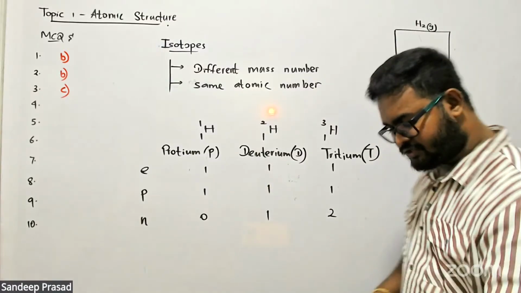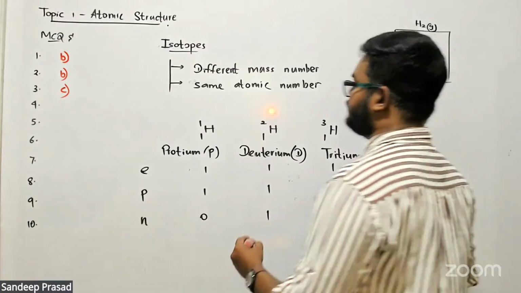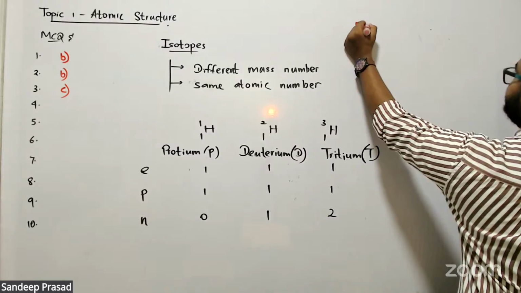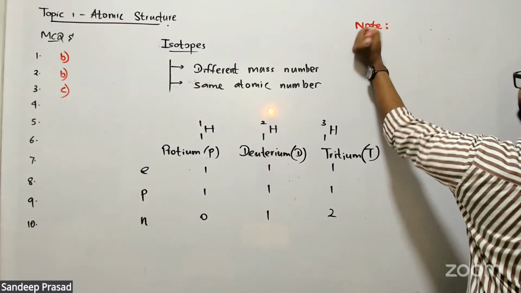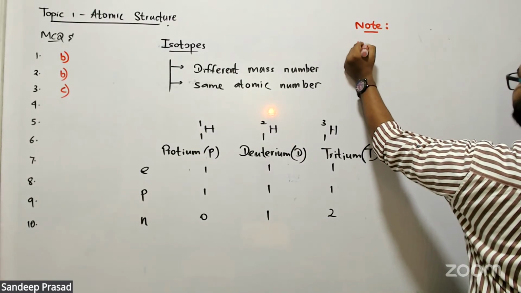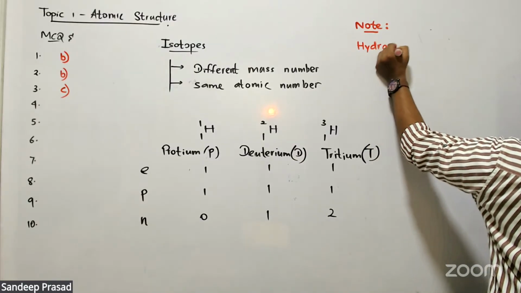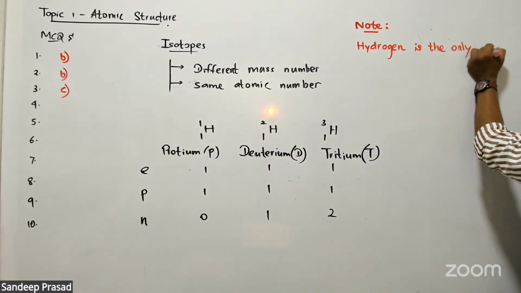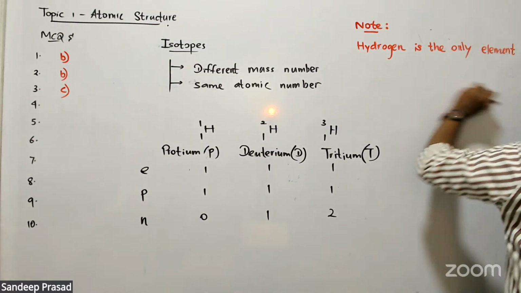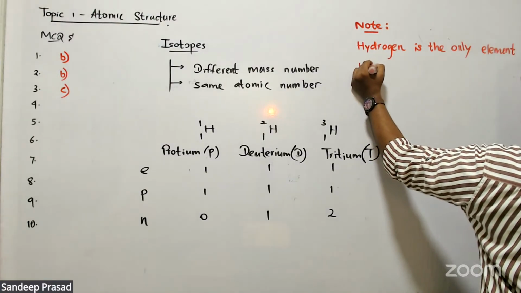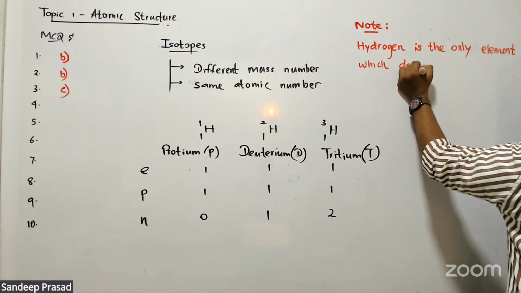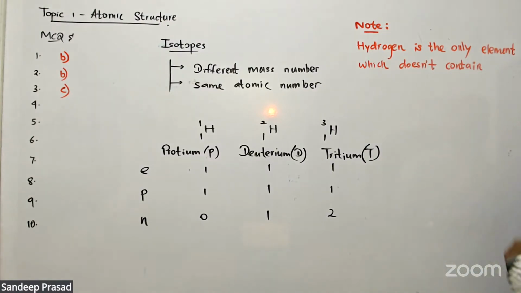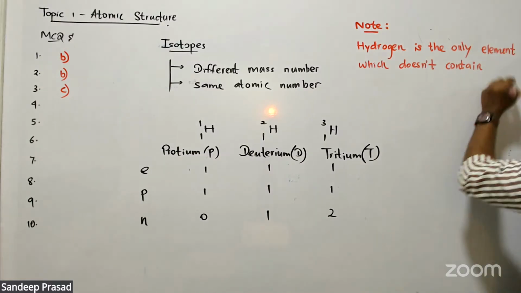So that is actually a very important point that you have to note down, right? Since it is a very important point, let me note down that one here. Hydrogen is the only element which doesn't contain neutron.